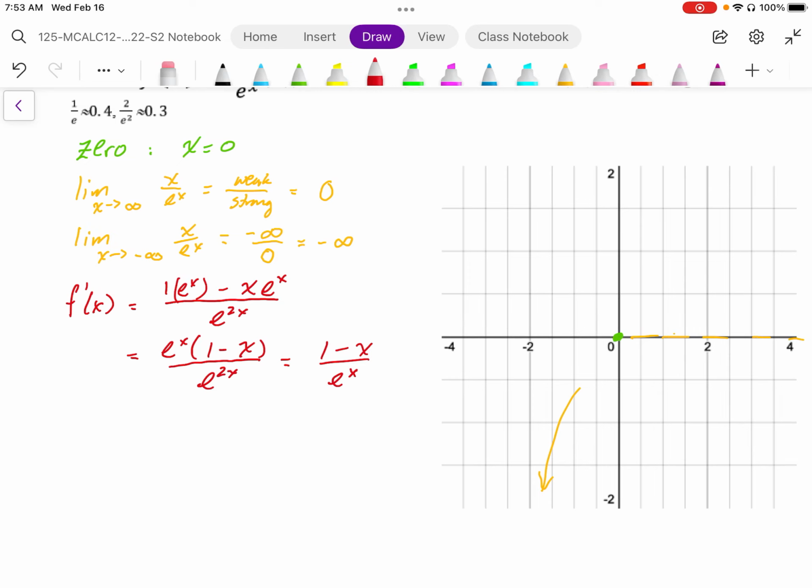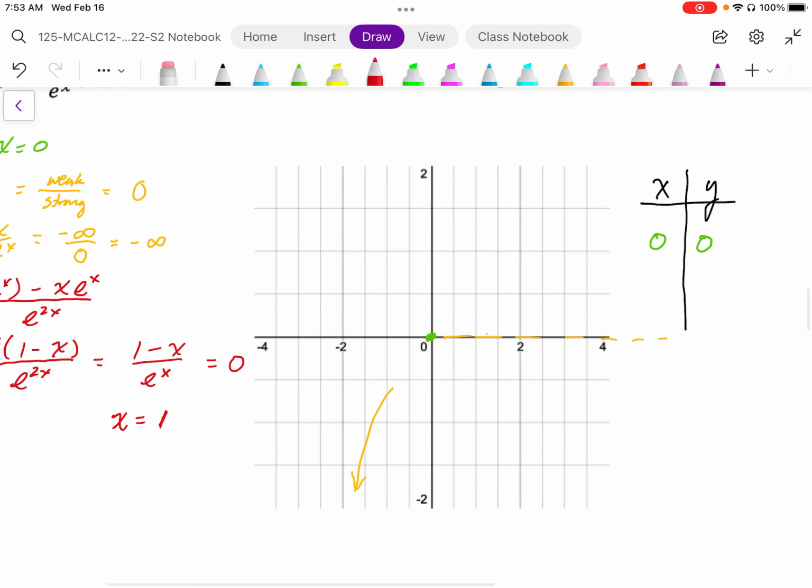And we want to know where this derivative is equal to 0. And it's equal to 0 at x equals 1. So I'm going to put that in my table of values. That's a potential min or max.